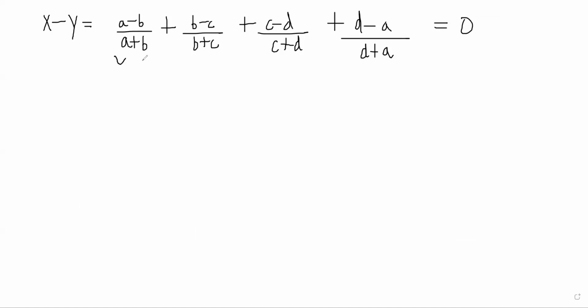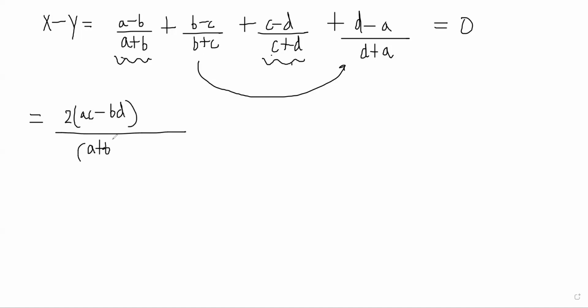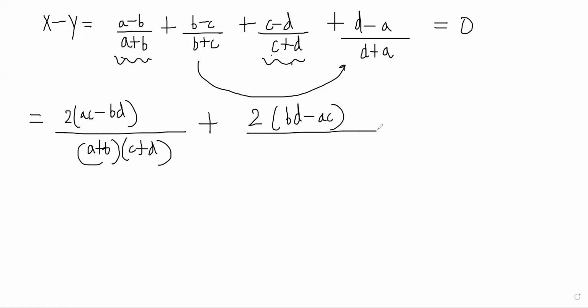The only thing is you group the correct terms, you group this and group this and this, right? If you group this plus this, you do that calculation, you will get twice of AC minus BD by A plus B times C plus D plus twice of BD minus AC by B plus C, A plus D. This must be equal to 0.